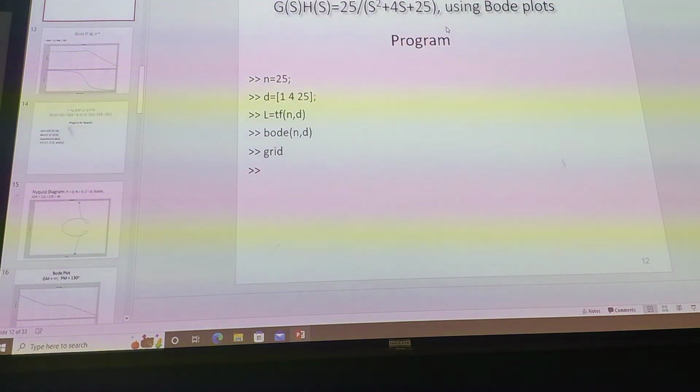The system has no poles on the right half of the plane. If we do one Nyquist plot, and the Nyquist plot doesn't encircle the point minus 1, then the system will be stable.